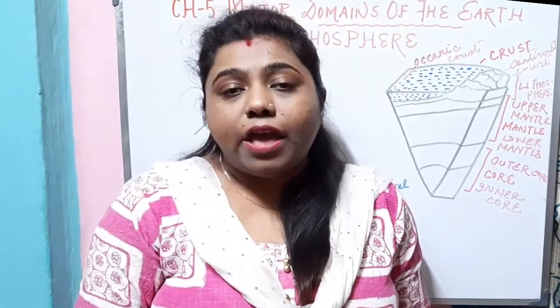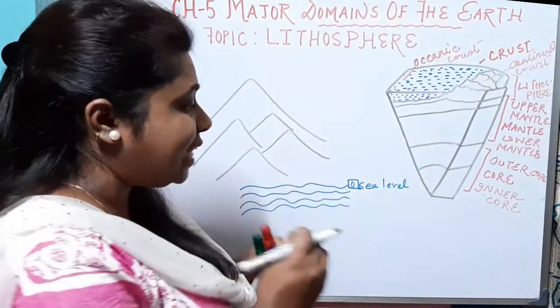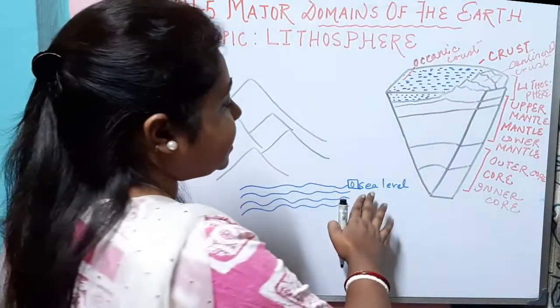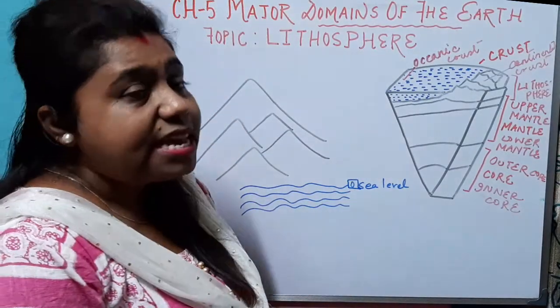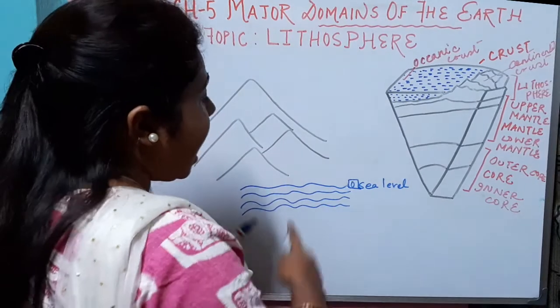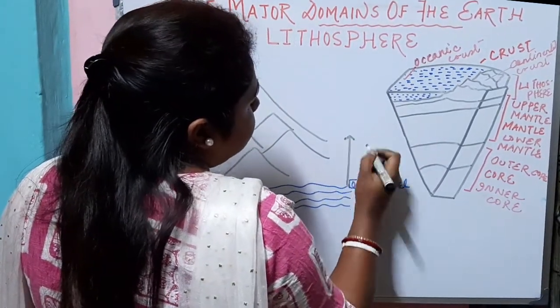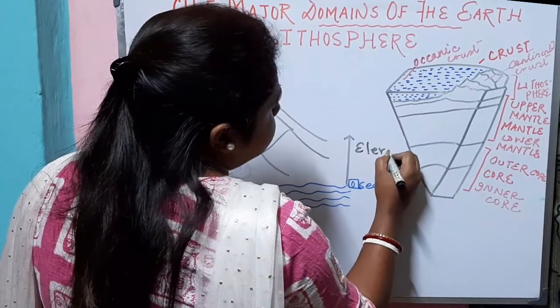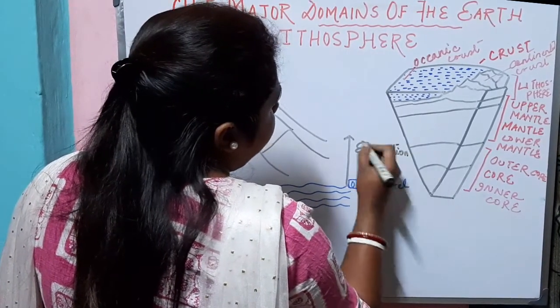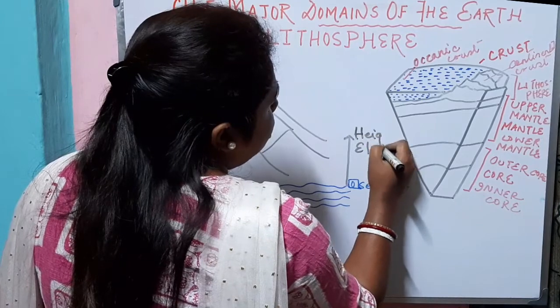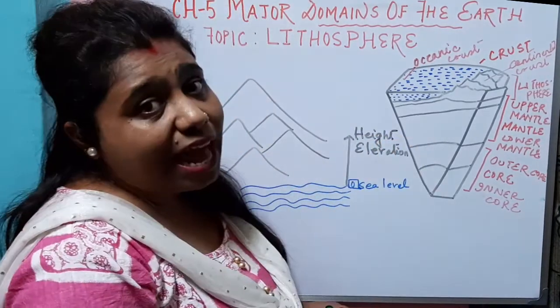So to understand where we are standing on the surface of the land, it is important to have a base level, and that base is the sea level, which is considered as 0. So as we move up from the sea level, the elevation or height of the land can be well understood.